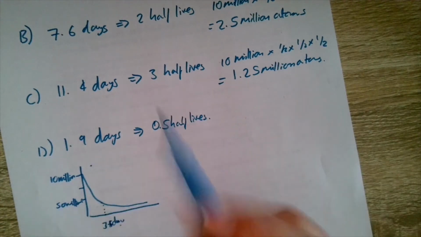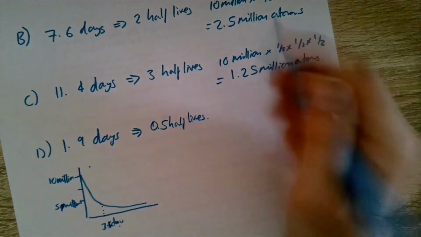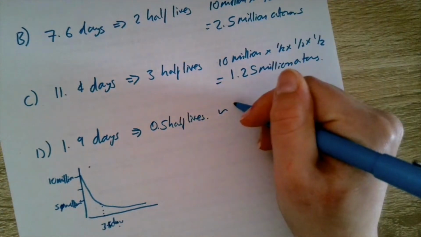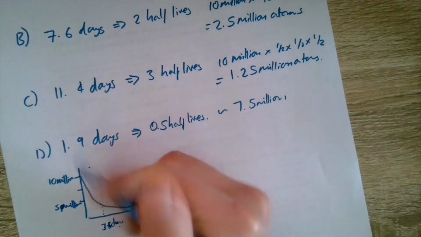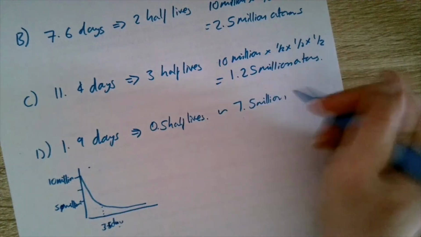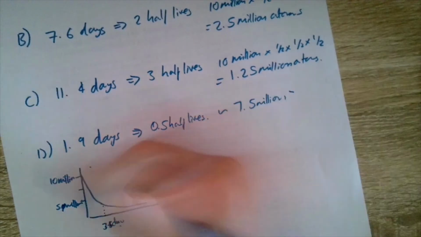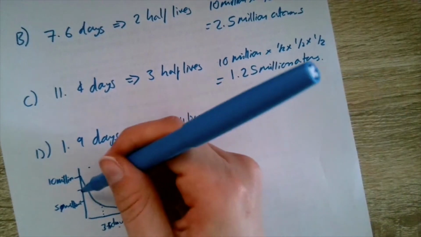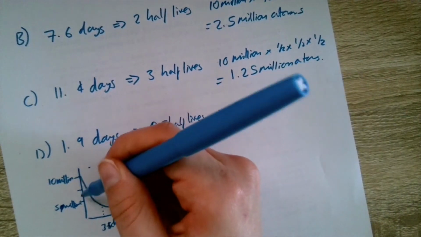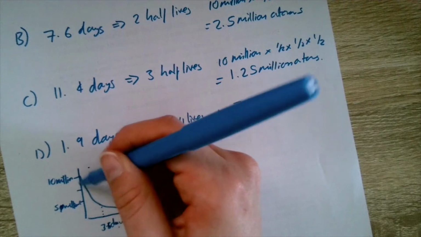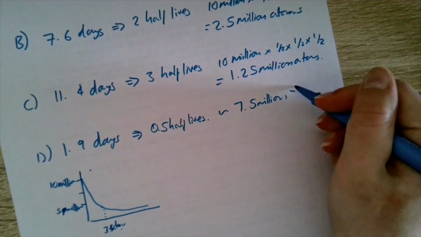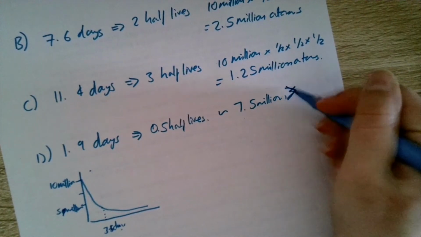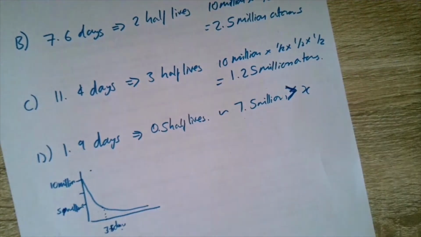Our rough estimate would probably be around 7.5 million. However, it would be an answer slightly less than that due to the changing gradient of this curve. So an answer that's less than 7.5 million.